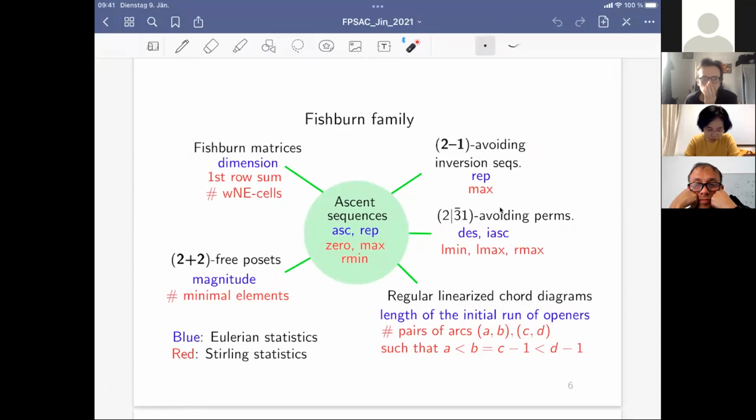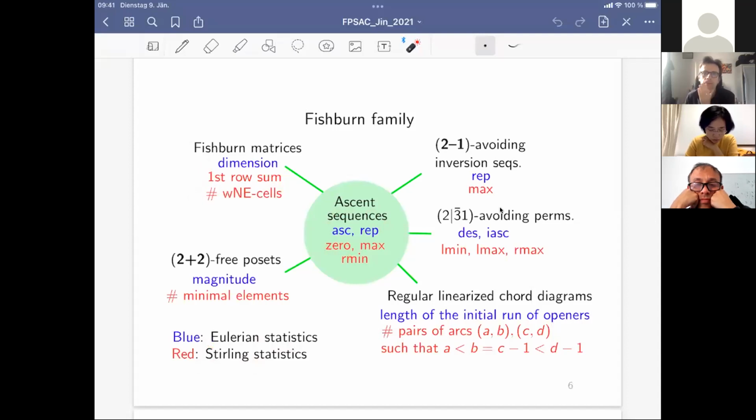Here, any statistic whose distribution over a member of the fishbone family equals the distribution of ascents on ascent sequences is defined as an Eulerian statistic, and I color them in blue. And any statistic whose distribution equals the distribution of zeros on ascent sequences is called a Stirling statistic, and they are in color red.